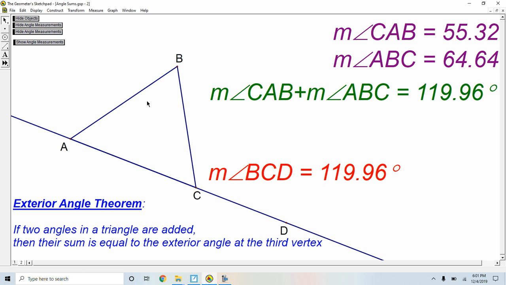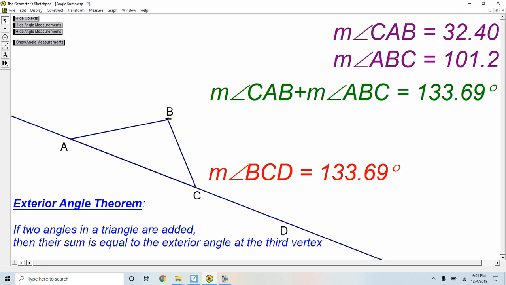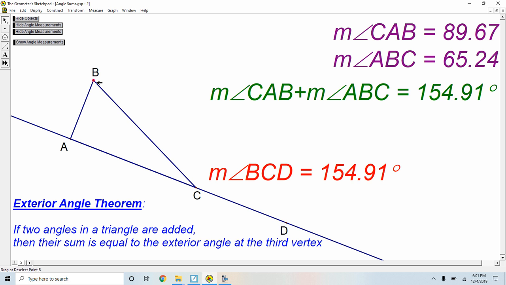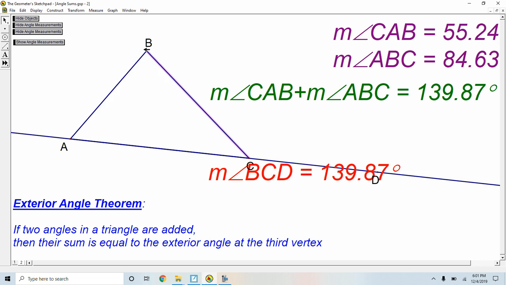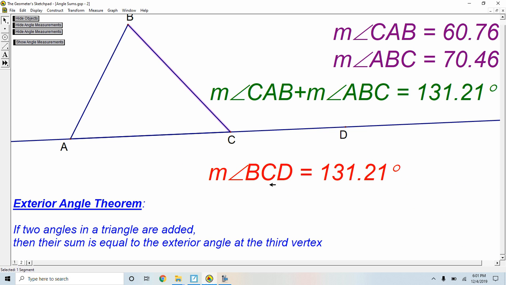So I measured A and B and added them. My third vertex is angle C, and when I add these, it's equal to this exterior angle. So let me move this around a bit, change the measure of B, and you can see that those two values stay the same. Still moving things around, and those two values stay the same.